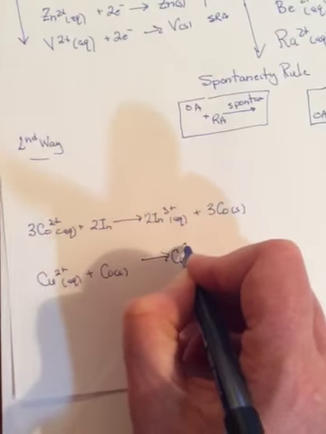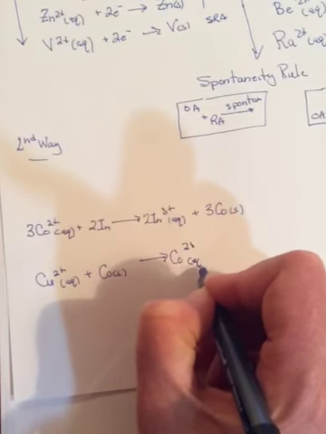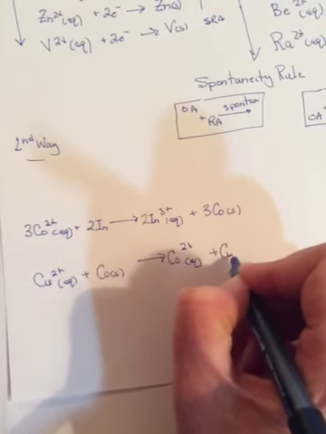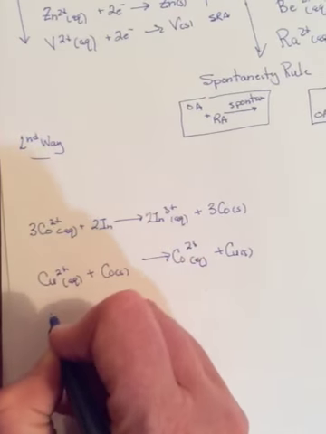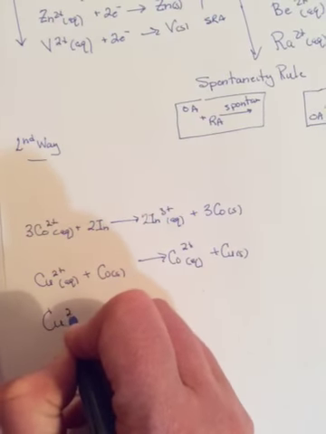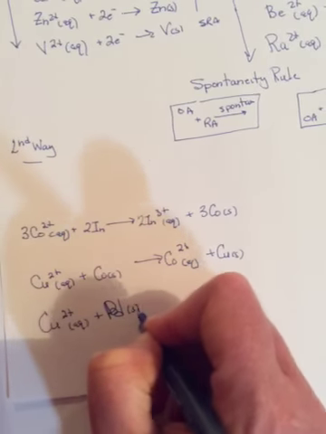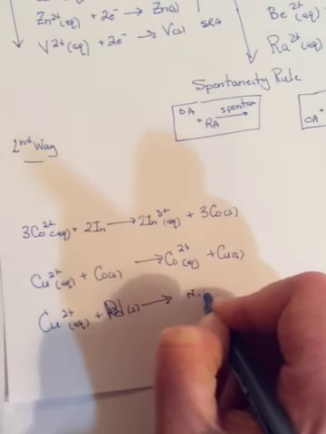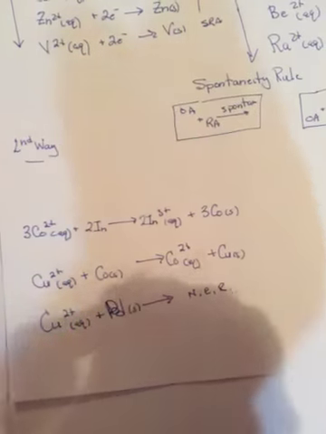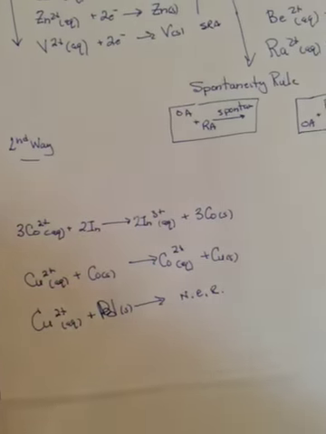Going to Co2 positive aqueous plus Co solid, and then Cu2 positive aqueous plus Pd solid, going to no evidence of reaction. If it says no evidence of reaction, it means it's not spontaneous.